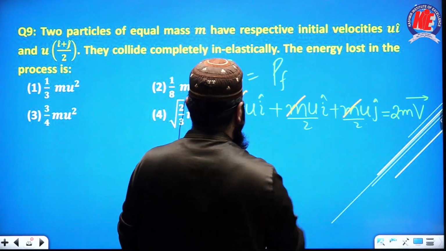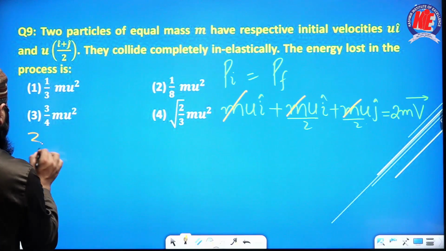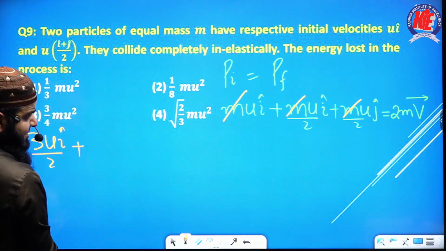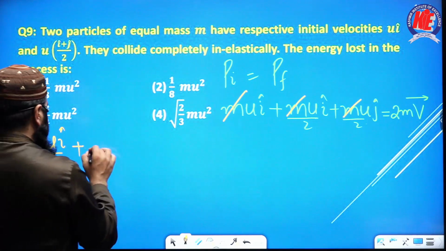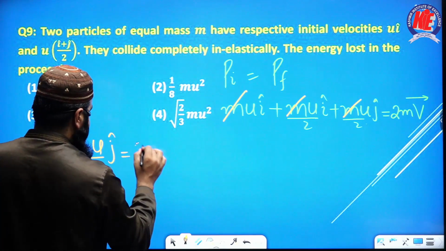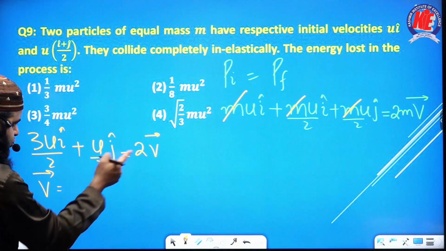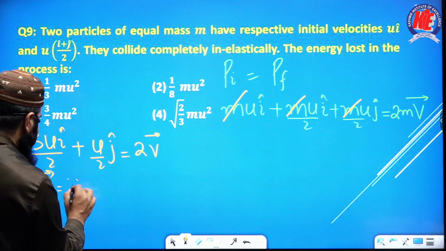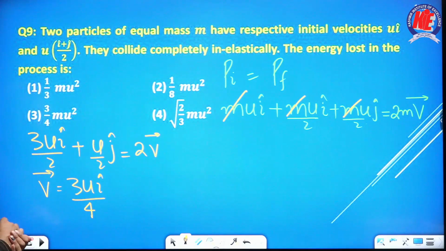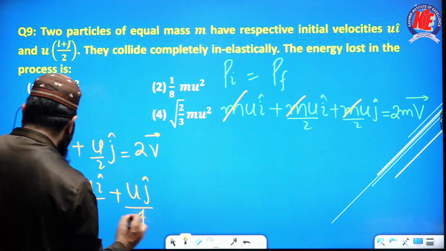M and m will go. ये है ui plus u by 2 i, so that will be 3u i by 2 plus दूसरा कंपोनेंट आपका है u by 2 with the j cap. यहां से आपको क्या बचा बेटा, 2 times v vector, या v vector can be written as 3u i cap divided by 2, जब नीचे आएगा तो यहां पे 2 ऑलरेडी है, that's 4, प्लस बेटा it will be u j divided by the 4. ये आपको मिल गया v.